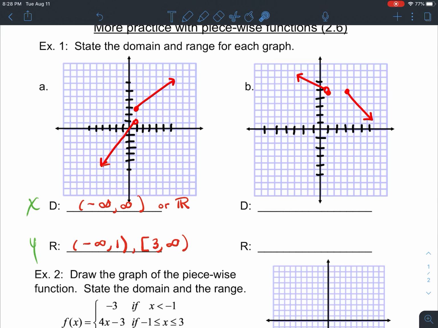Domain, we're going to start with the x's, from left to right. This is the leftmost piece. It goes to the left forever. That's going from negative infinity to this piece stopping here at an x value of 1.